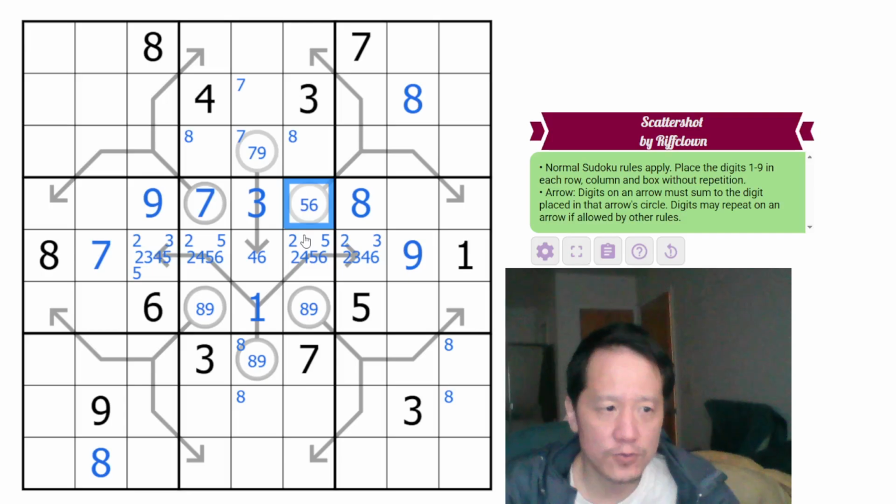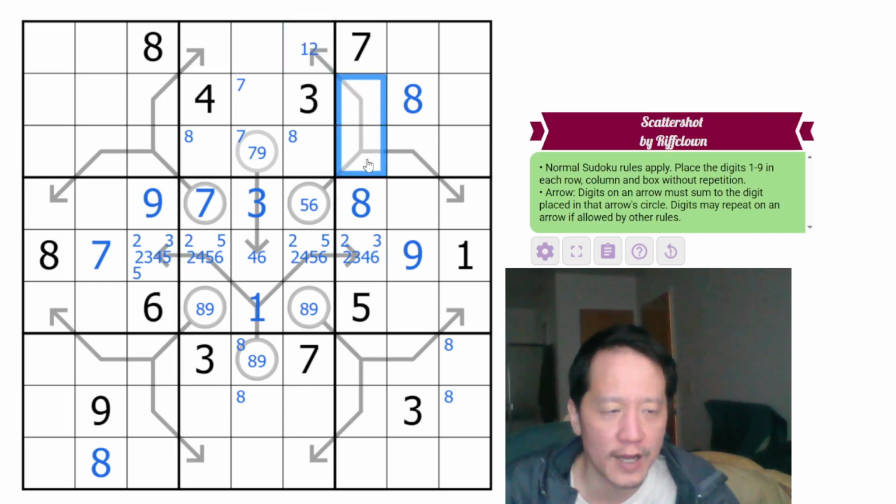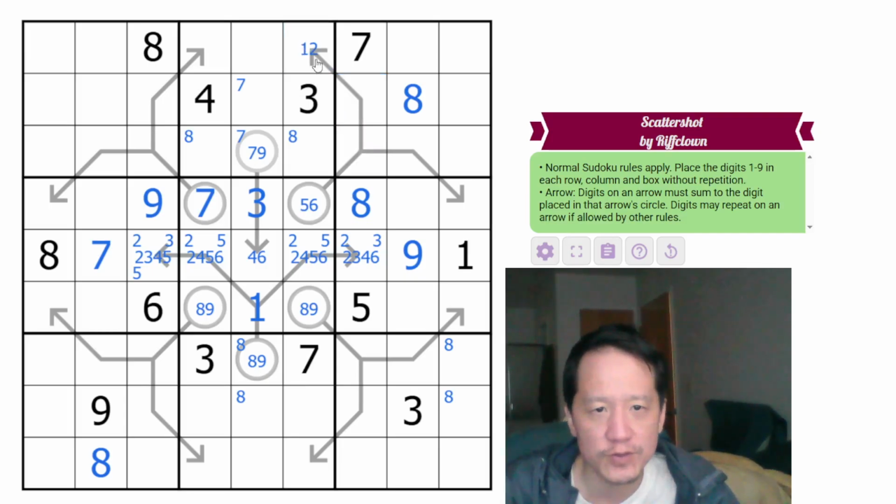This is 5 or 6. So because of that, this digit can be 1 or 2, but it cannot be 3 or 4. And if this were 5, that would force this to add up to 1 at most with 2 digits, which is not allowed. So this can't be 5. So this is 1 or 2.